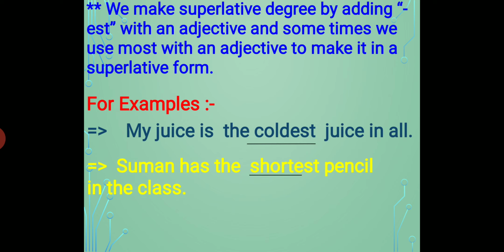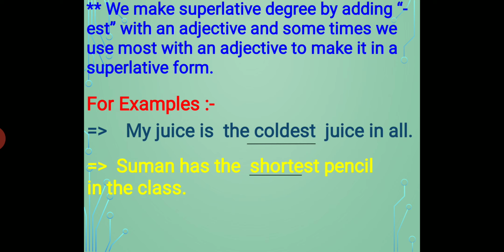Just look here. Before shortest. Shortest is the superlative form of the degree, and before shortest, the is written. So you will get an idea if the is written and a blank is there. If you want to change the kind of degree, then you have two hints.